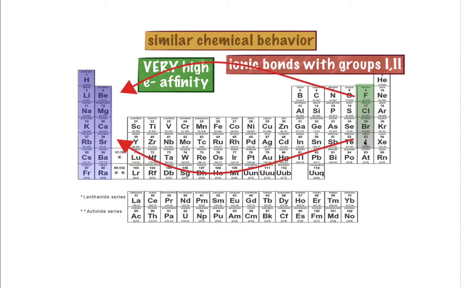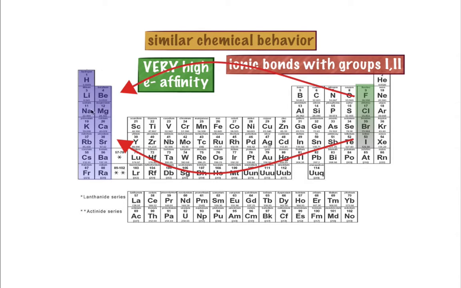In fact, these elements tend to make bonds with the elements from group 1 and group 2, okay? Your alkali metals and alkaline earth metals. These elements in group 1 have 1 valence electron and group 2 have 2 valence electrons. So if I have 1 valence electron, that means I need 7 more, and if I have 2, that means I need 6 more.